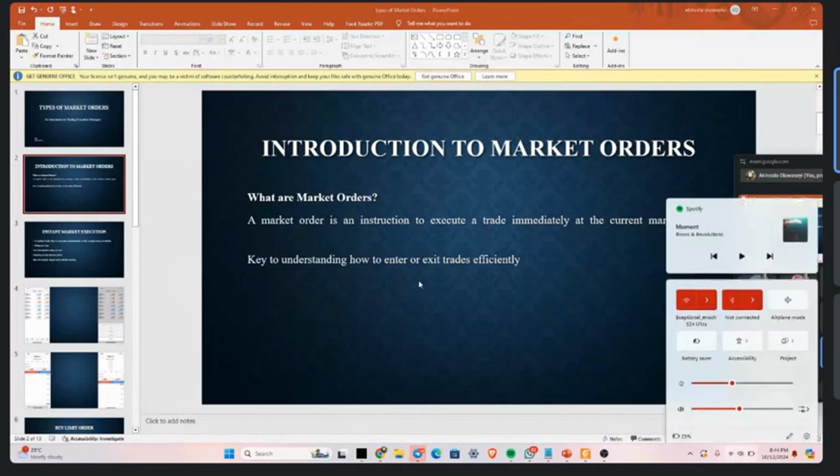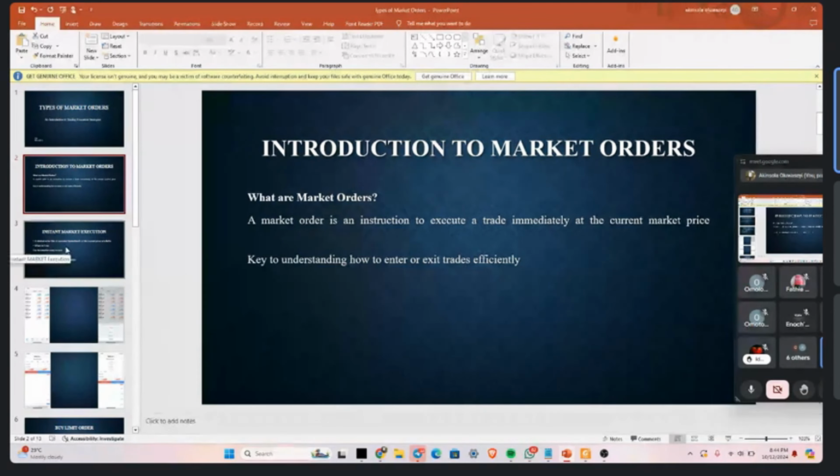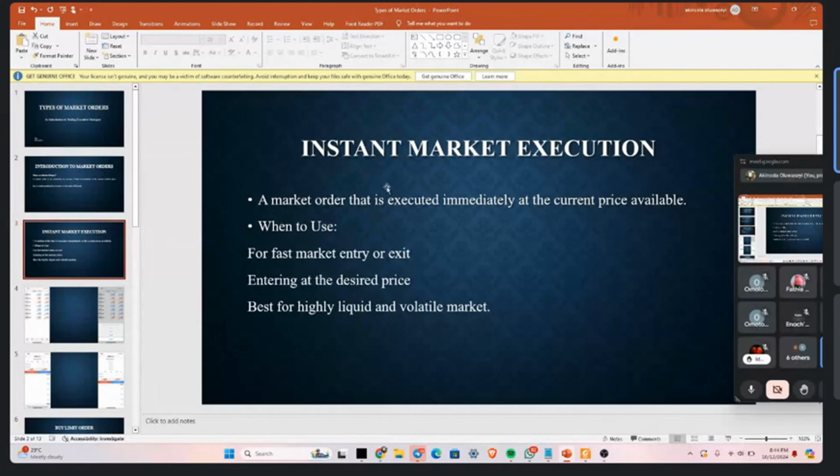Then you click on either buy or sell immediately. What I've just explained is instant market execution. It means that once the market is at the price you have in mind to either buy or sell, you enter instantly for a buy or a sell.